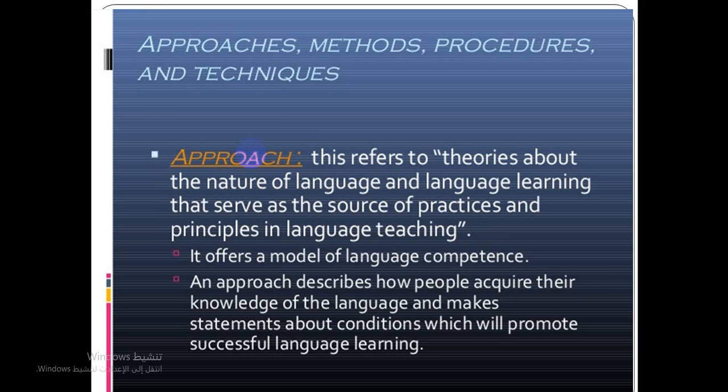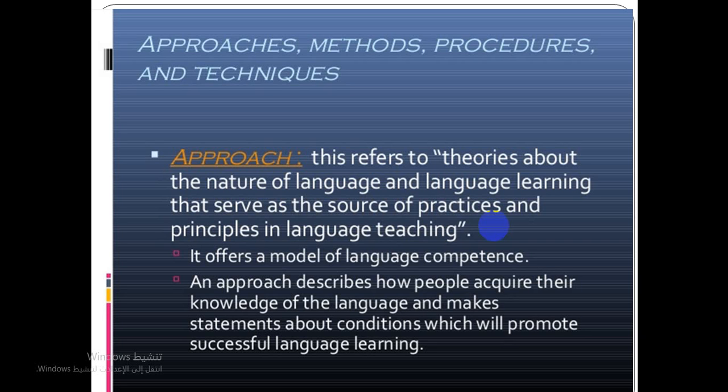This refers to theories about the nature of language and language learning that serve as the source of practices and principles in language teaching. This means that an approach refers to the principles or assumptions underlying the process of language teaching and learning.